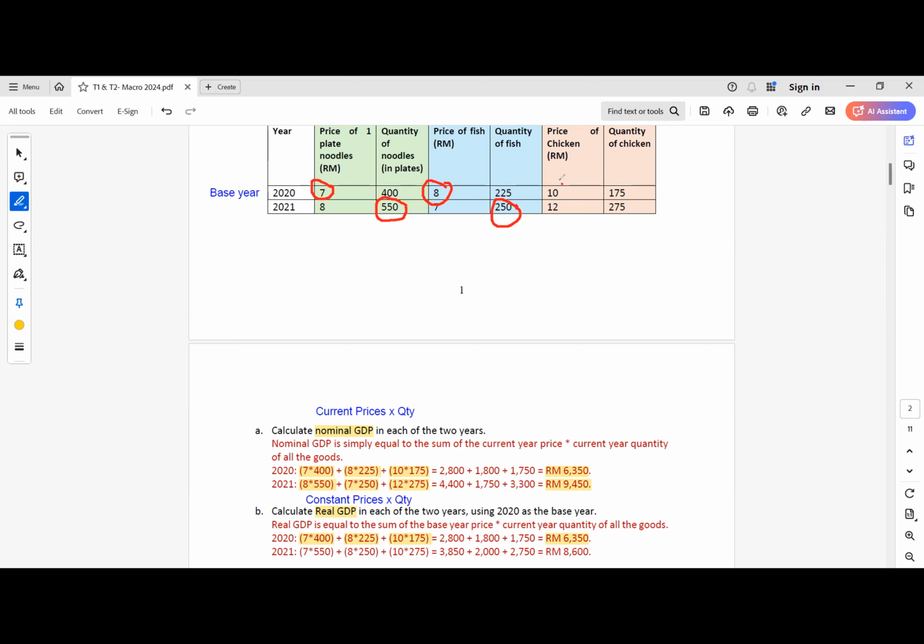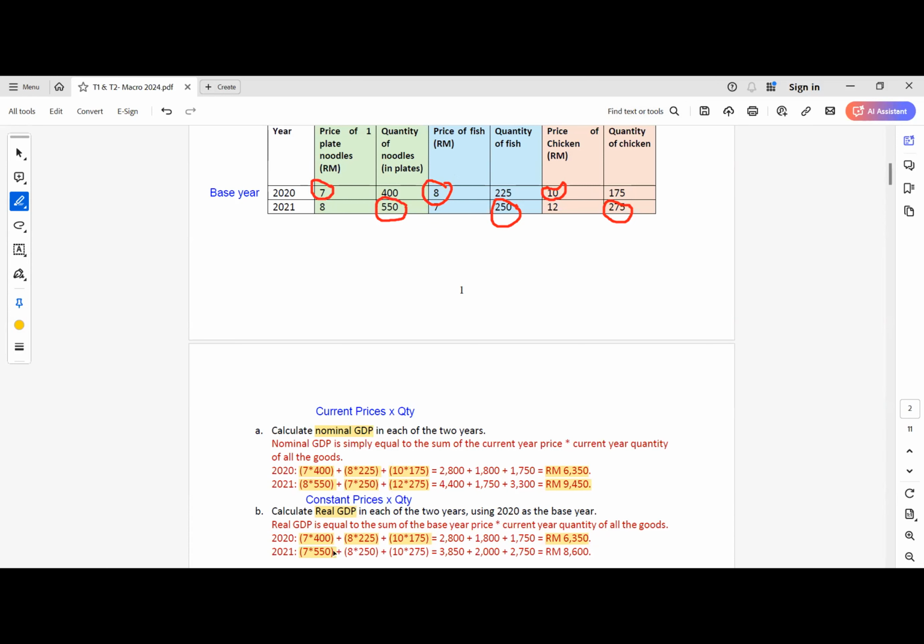I use the constant price of the chicken in 2020 times the quantity of chicken to get the value of chicken. So I use $7 times 550 units to get the value of noodles, and similarly for fish and chicken. At the end of the day, I get 8,600.